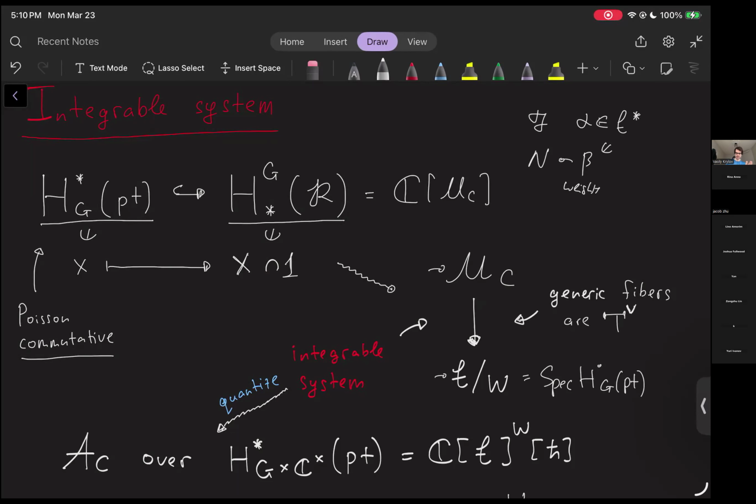These roots and weights define some hyperplanes. The claim is that whenever you're outside of all of these hyperplanes, the fiber will be T check. And the monodromy about these hyperplanes can be described quite explicitly.